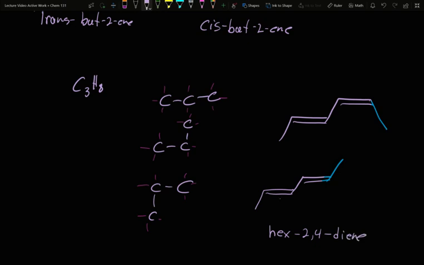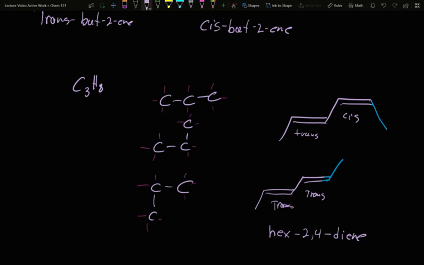For one of them, though, it's going to be trans, and for the other it's going to be cis. These molecules will behave fundamentally different inside the body or inside any reaction system.